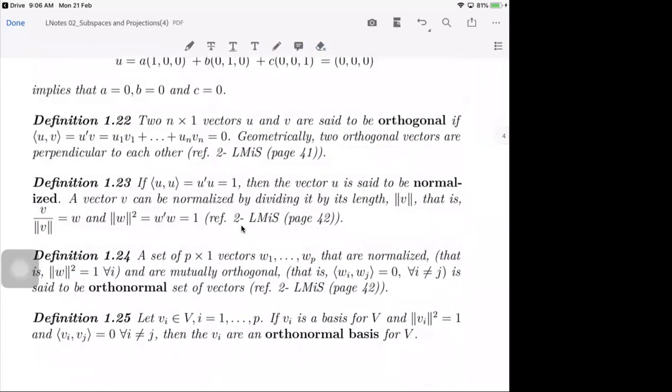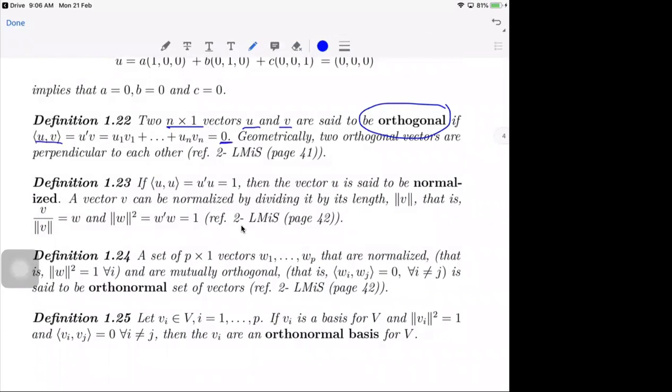Okay, definition 1.22. Two vectors of dimension n by 1, u and v, are said to be orthogonal if the inner product of u and v is equal to 0.